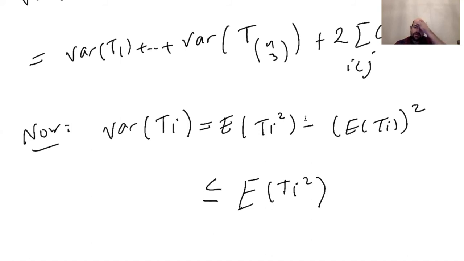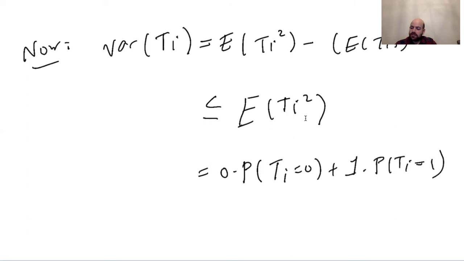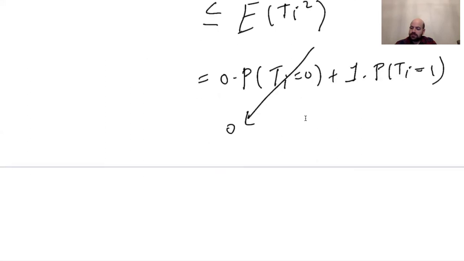Now, what is expected value of Ti squared? Well, each Ti is either 0 or 1, right? So this is 0 times the probability that Ti is 0 plus 1 times the probability that Ti is 1. So this is the probability that Ti is 1.